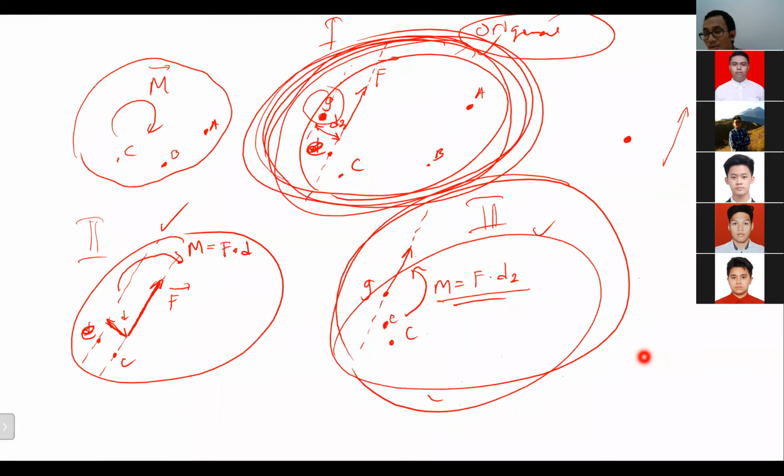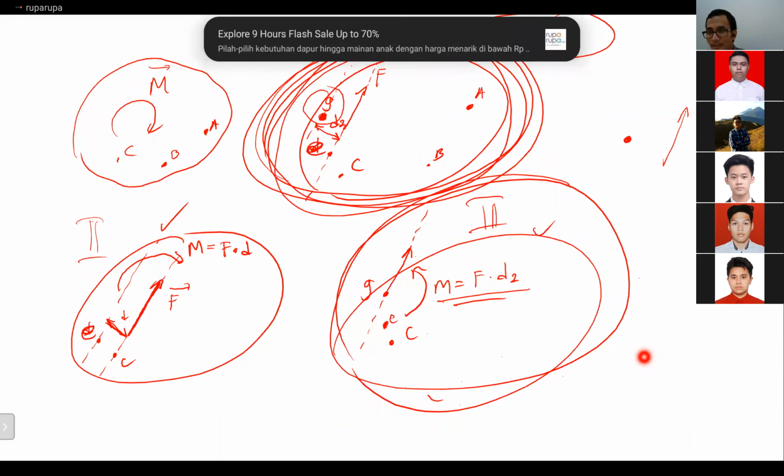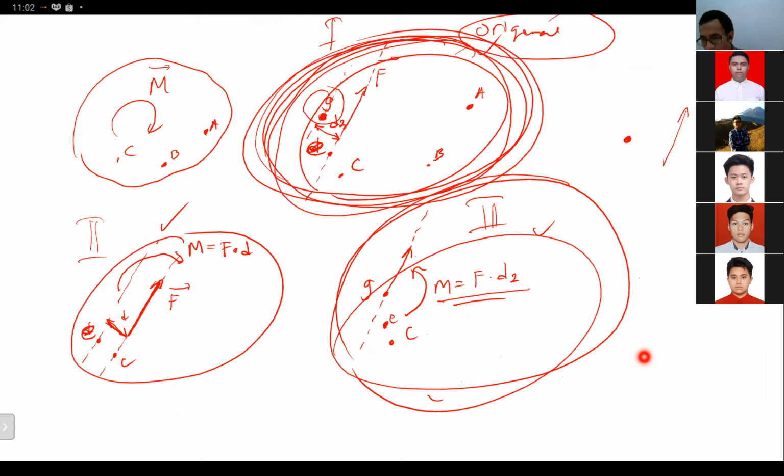Is the rotation clockwise or anti-clockwise? Oh, so it's based on the original. Yes. The rotation is based on the original body, the original location. After you move the force, the moment will still be in the same direction as what we think in the original body.